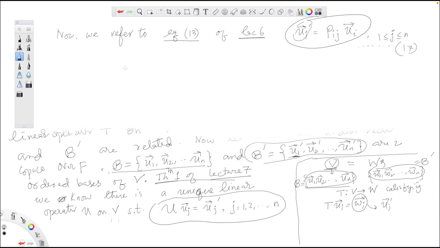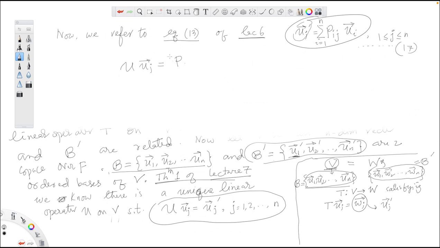imply that U acting on this vector uj is equal to, so I forgot this sum here, it has to be summed over all i's, where i runs from 1 to n.